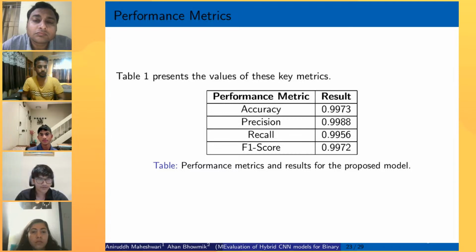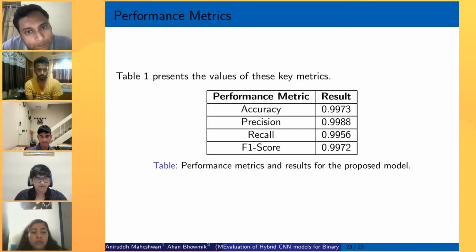Precision is the correctly predicted positives compared to the total number of predicted positives. Recall is the correctly predicted positives as compared to all the actual positives in the dataset.